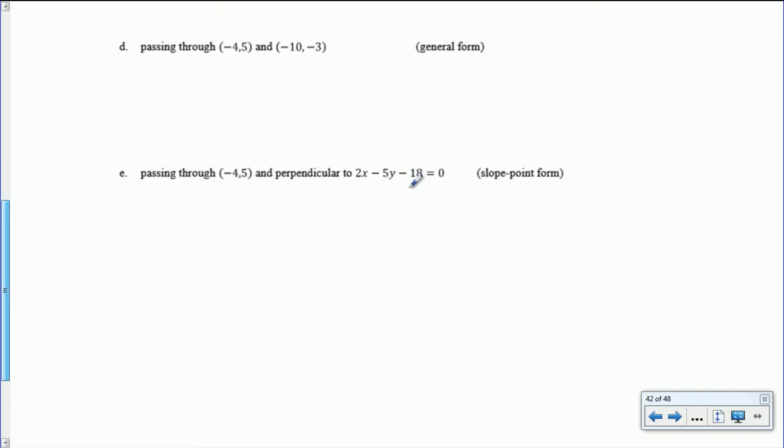And E, just a little bit of a hint there. Perpendicular, remember what that means. I'll just give you this. Equivalently, you do 2x minus 18 equals 5y. Get rid of the 5, so we have y equals 2 over 5 x minus 18 over 5.